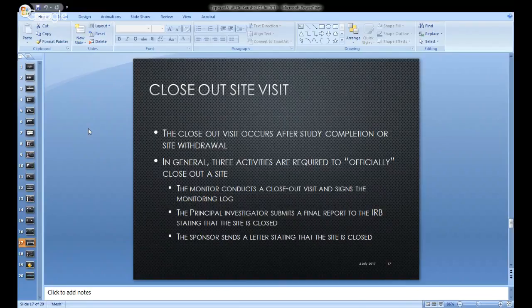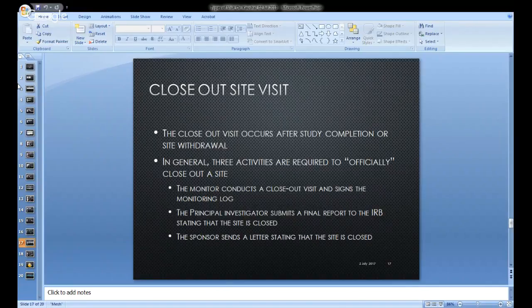Now, what is this? In general, three activities are required to officially close out a site. First, the monitor conducts a closeout visit and signs the monitoring log. Obviously, after each and every visit, the log is to be signed, like we discussed.